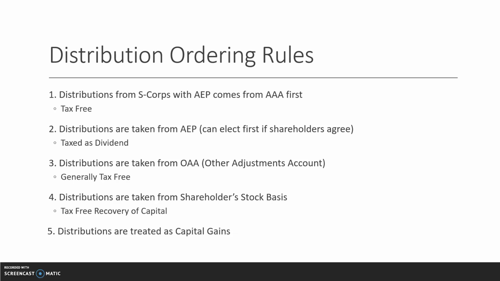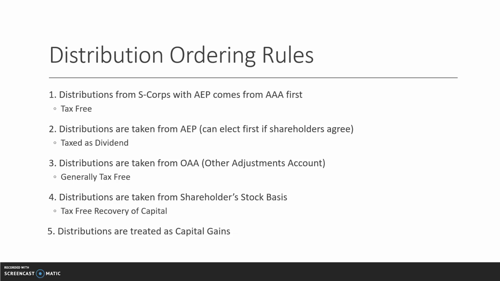All right, so those are going to be tax-free, as we discussed. That's the accumulated adjustment account. Then they're going to come from accumulated E&P, and those are going to be taxed as dividends like a C Corp. Now, you can elect to take it from AEP first if all the shareholders agree. That's good if you want to deplete a small balance in accumulated E&P. So you just clear that out and then move on to the AAA.